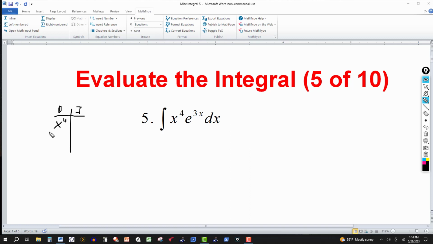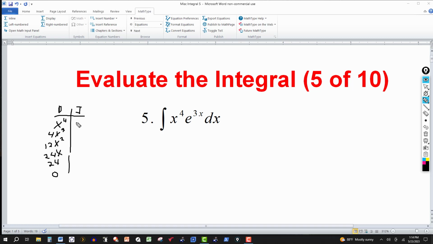The derivative of that is 4x to the third, and we keep going, and it's 12x squared, and then it's 24x, and then another derivative is 24, and then it goes to 0. So we actually stop right there.